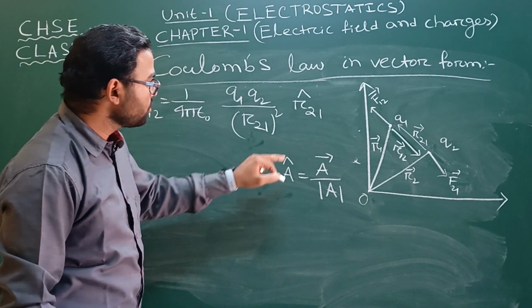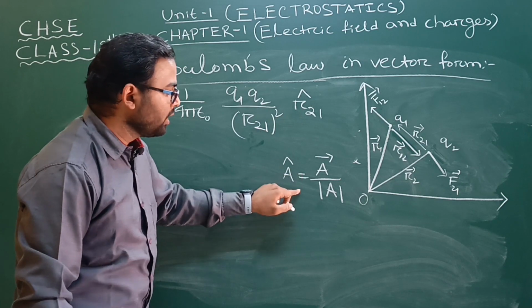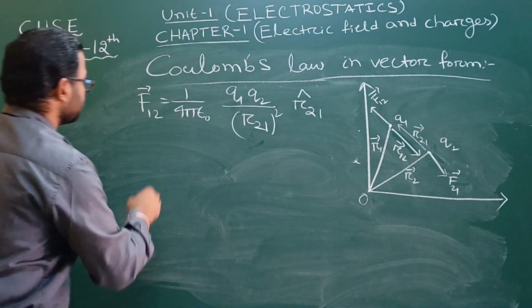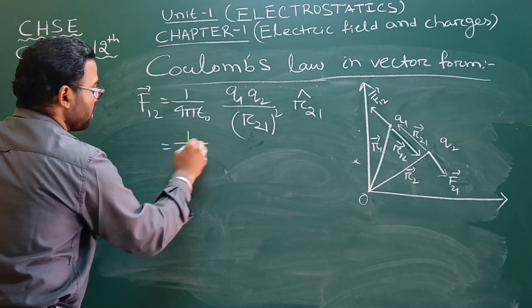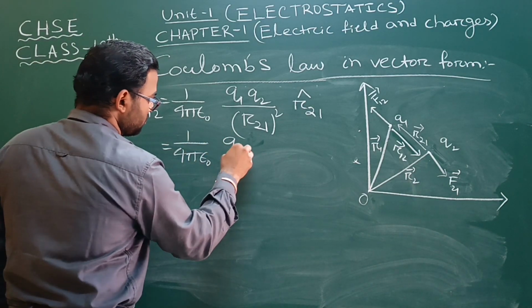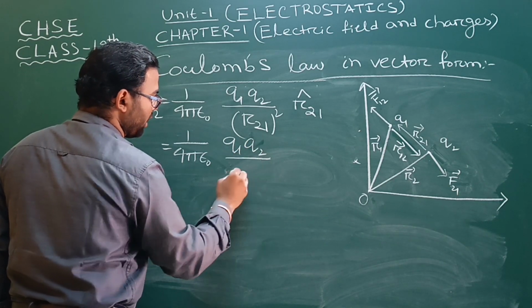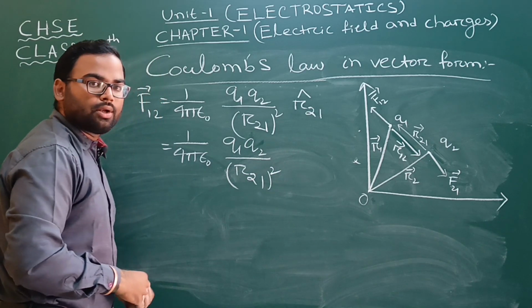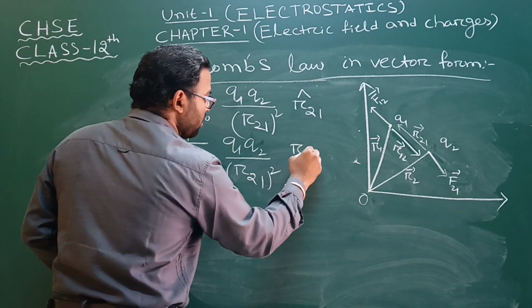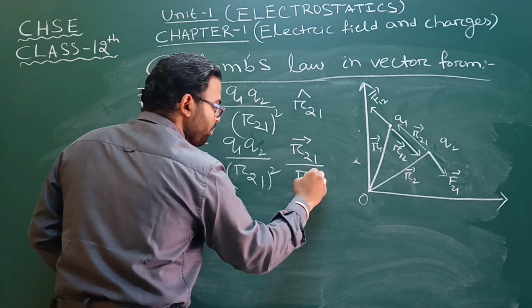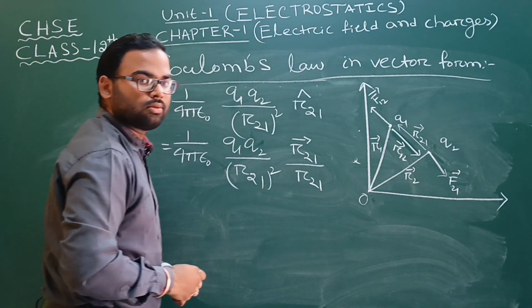So if I write this in this form, what we will get? 1 by 4 pi epsilon naught q1 q2 by r21 whole square, then r21 vector divided by magnitude of r21.